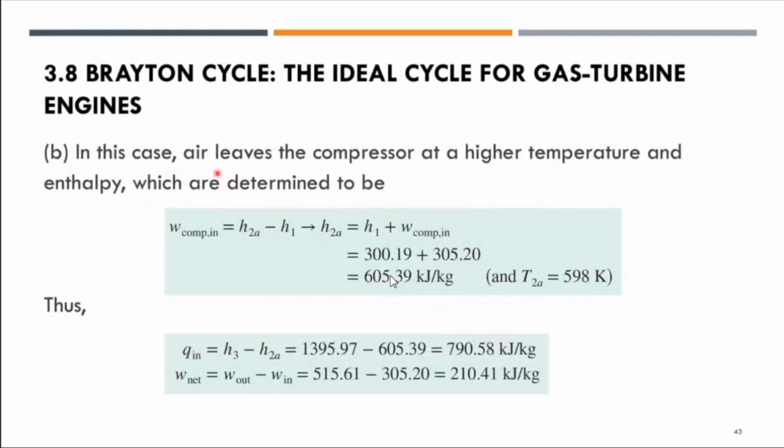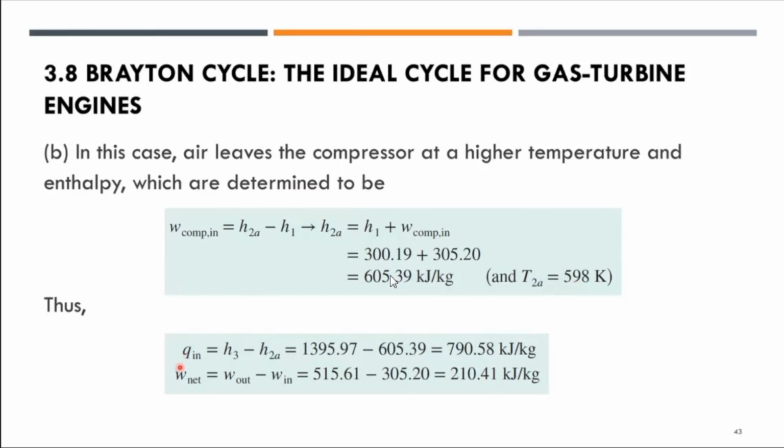The next part of the question: in this case, the air leaves the compressor at a higher temperature compared to the earlier example 9.6, and the enthalpy, right? So we have the new value for enthalpy, and you can get the work for the compressor 605.39, and the temperature of air that leaves the compressor becomes 598 Kelvin.